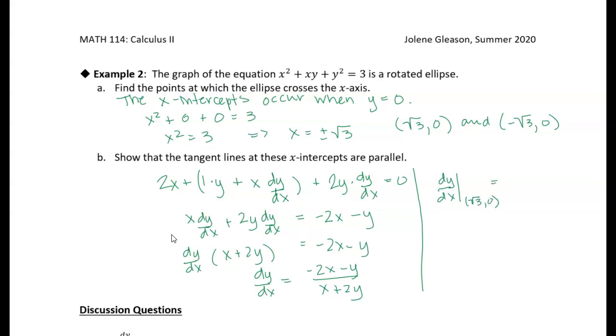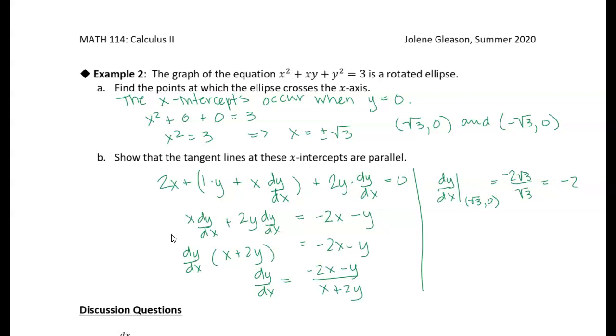If I plug in those values, I get minus 2 square root 3 plus 0, over the square root 3 plus 0, okay, because y is 0. All right, and then I can reduce that to minus 2.